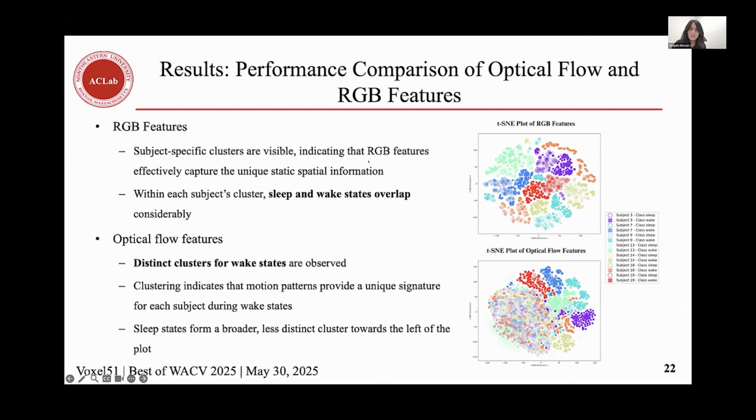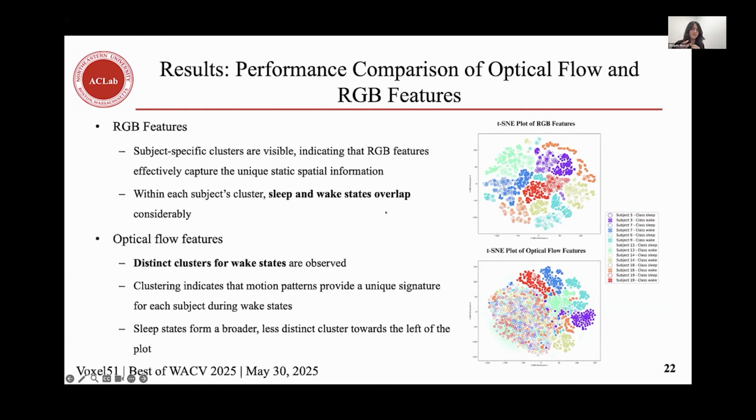In the RGB features, we can see that there are clusterings for each infant, right? You see a division between the colors, but not so much of a clear division between the sleep and the wake states, which is what we want to be able to discriminate. However, in the optical flow features, you can see a very clear divide between the sleep states and the wake states.